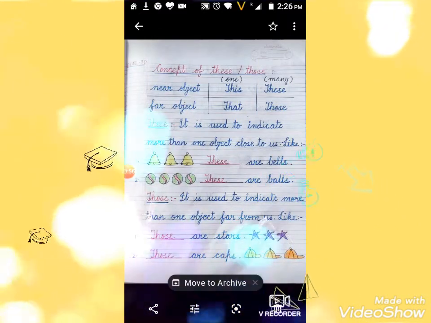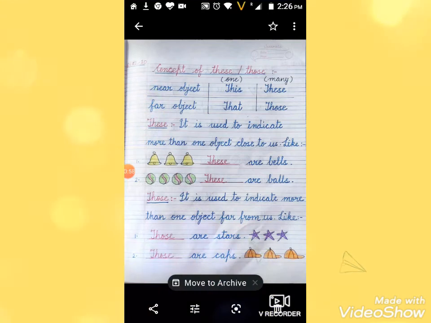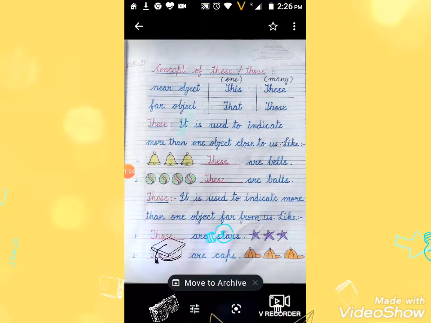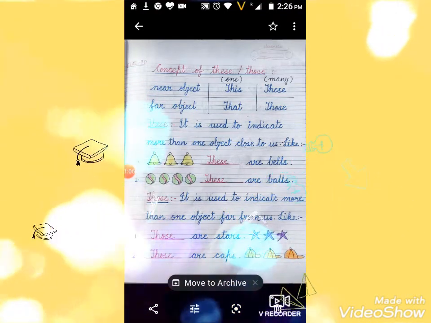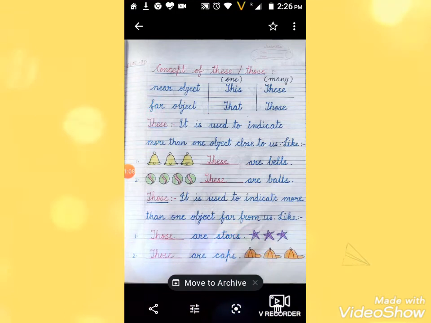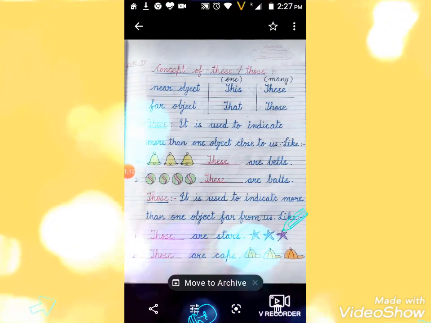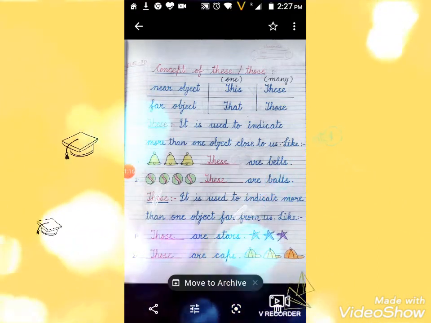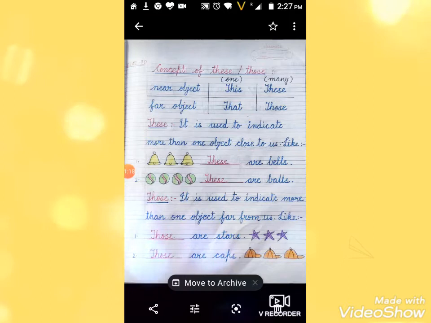So this is the concept of these and those. This and these are used for near, and that and those are used for far objects.